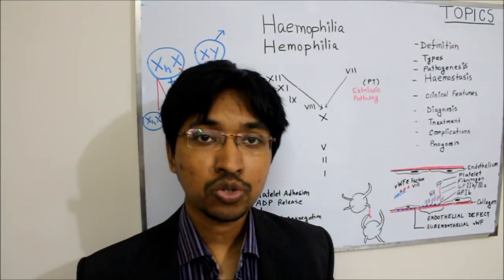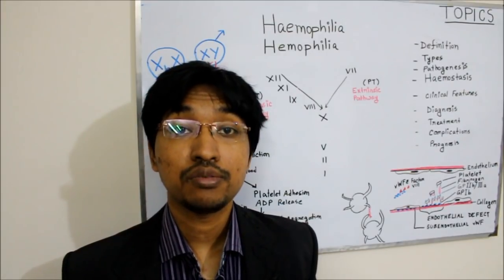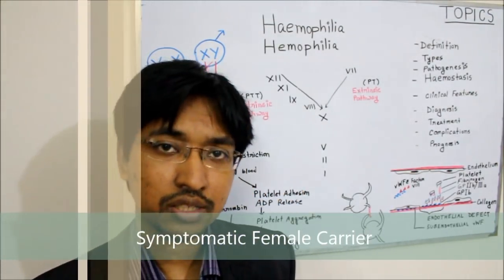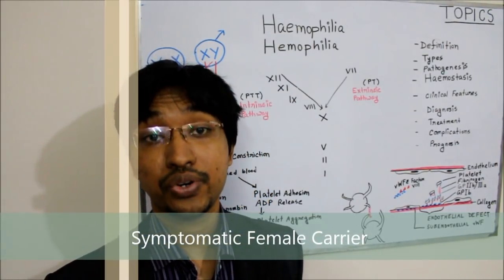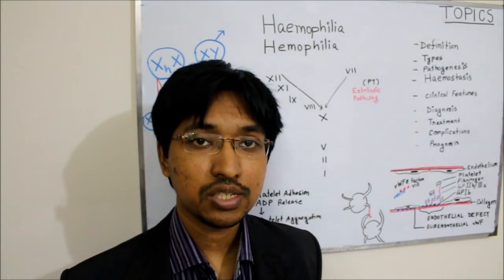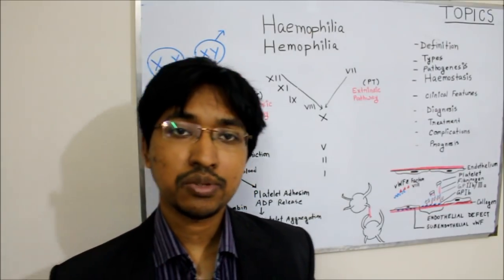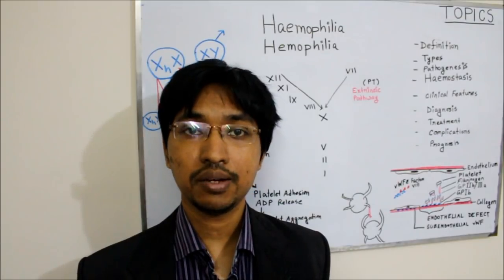The second important point that I would like to mention is about symptomatic female carriers. So I have already mentioned that in hemophilia, females are not the sufferers. They are just the carriers of this disease. Okay, but then how come sometimes the carriers themselves can develop mild hemophilia?